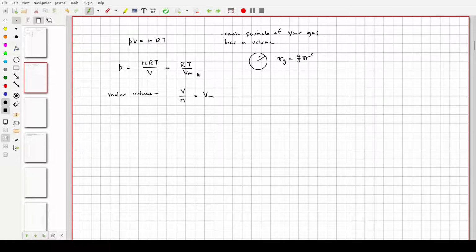Now, the next thing I'd like to point out is that this volume right here, that's not really what our gas is working in. Again, we have to take into account all of the individual volumes, if you will, of our little gas particles that are in there.